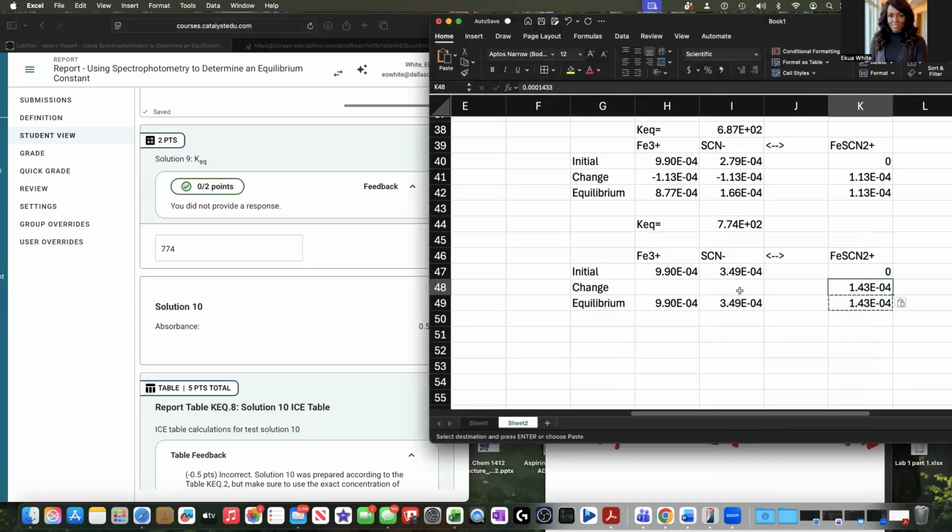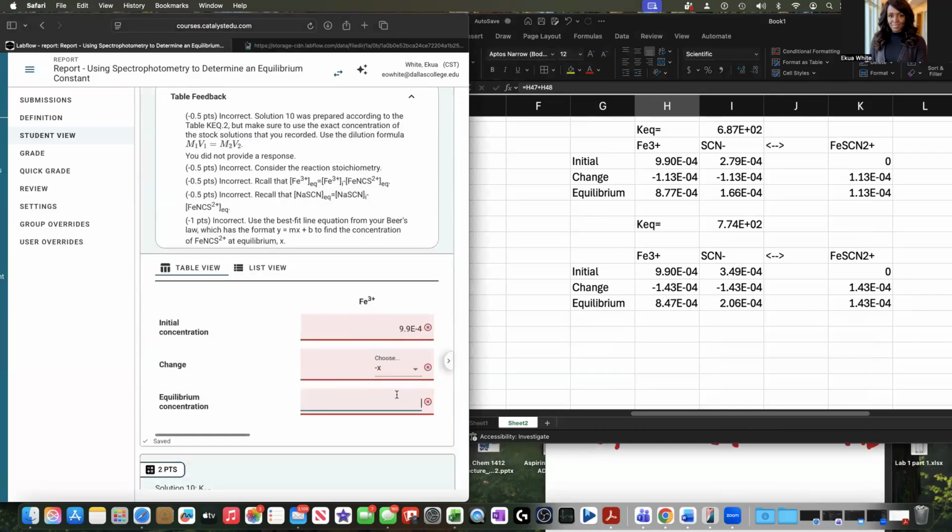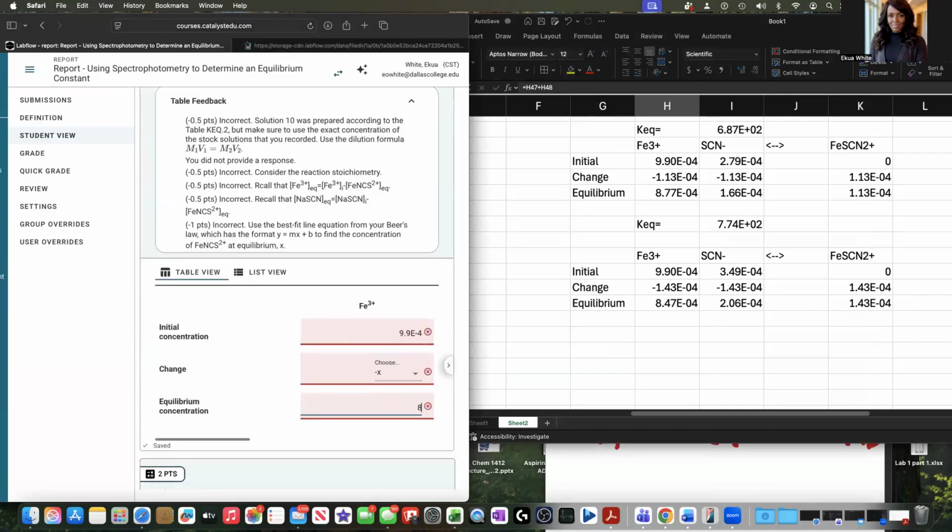It says the same number here. Here is minus that number. And then here is minus x. Okay. So starting with this one here, I already have these in place. It's going to be 8.47 exponent -4. 3.49 exponent -4.